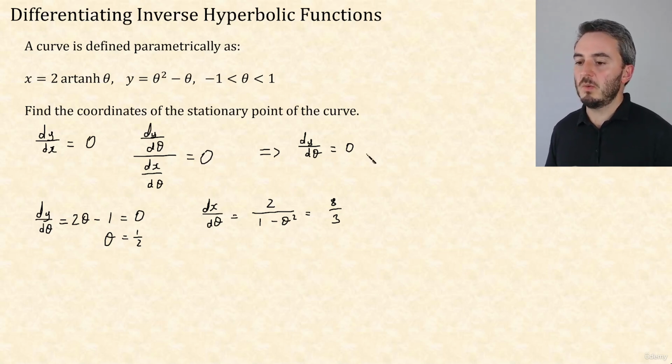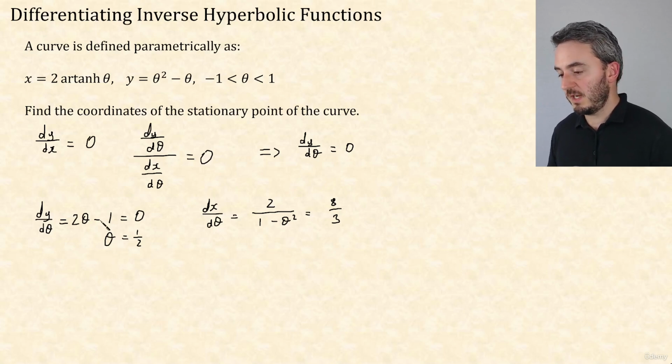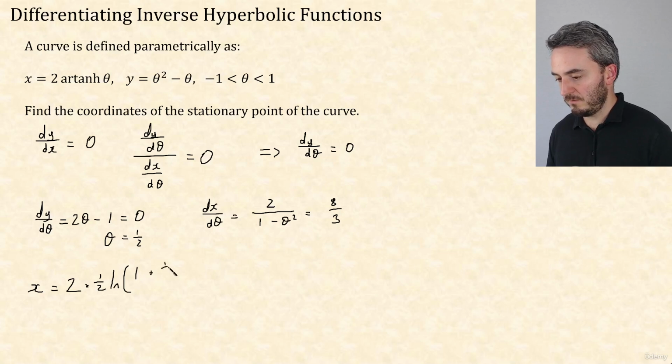Okay, where were we? We have dy by d theta is 0 when theta is a half, and so to get the coordinates of the stationary point we just need to sub it in here. So x is 2 artanh of a half, so that's 2 times a half ln of (1 plus a half) over (1 minus a half).